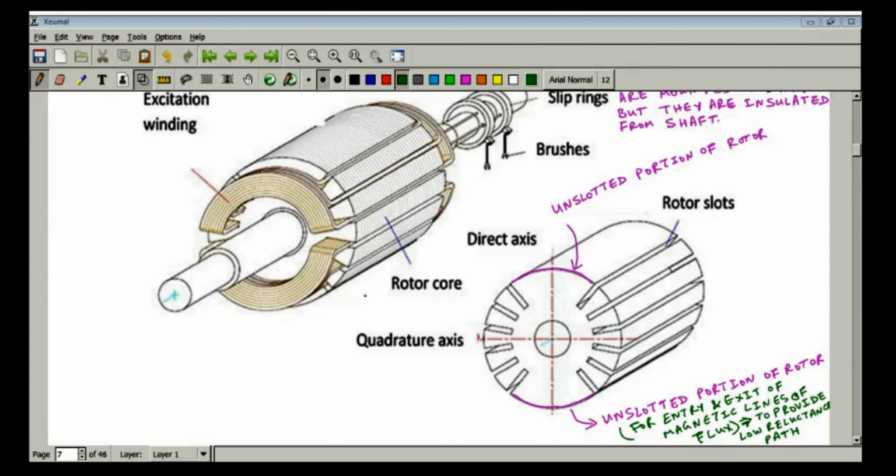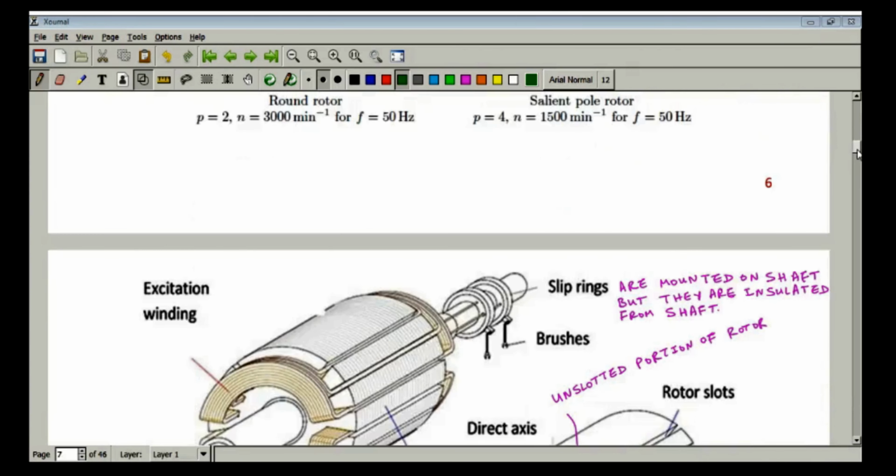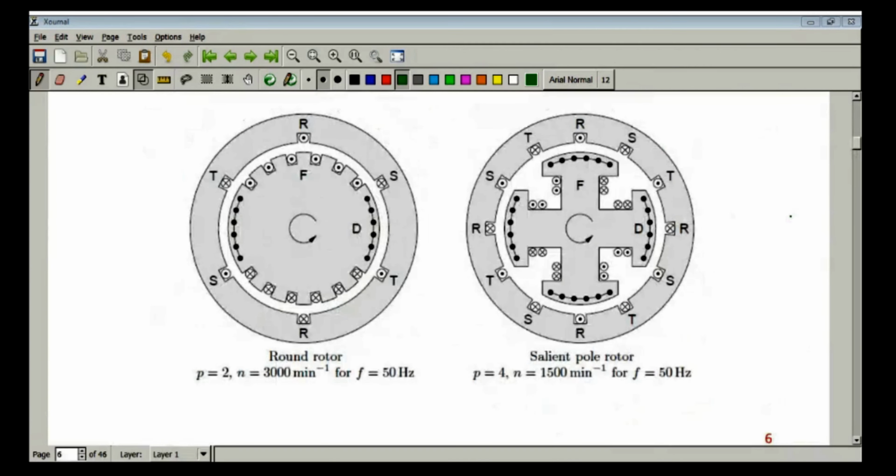Now, what about the salient pole construction? This is your salient pole construction. You can see these are your field coils. Of course, this is your cross-sectional view.